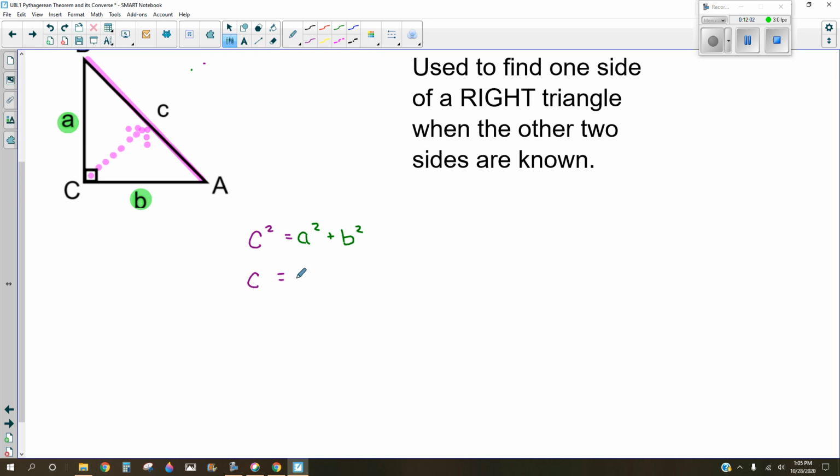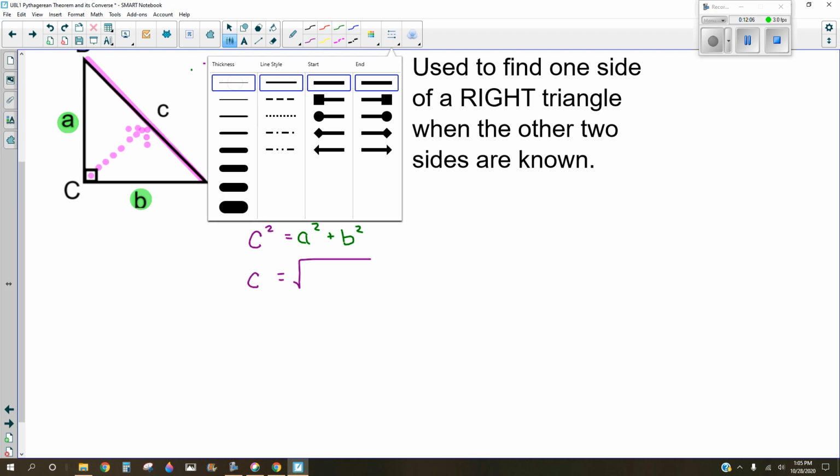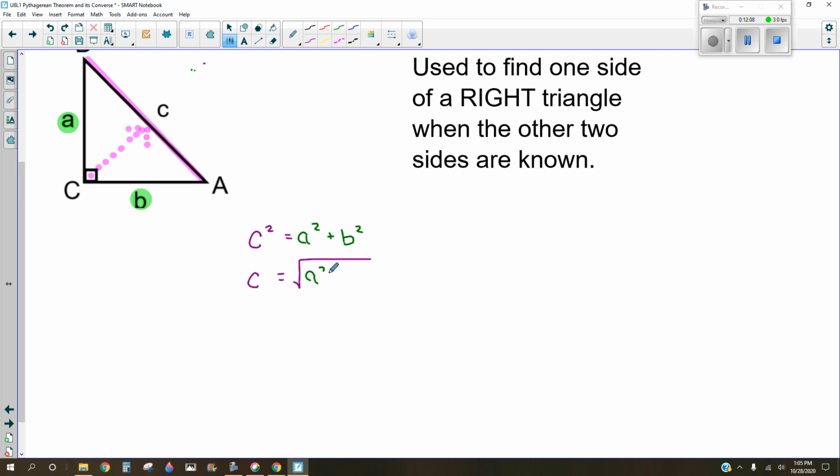C is equal to the square root of A squared plus B squared. Okay? What I did is I took the square that used to be here and I made a square root on the other side, right? So they undid each other. So I took the square root of both sides, hence it disappeared.